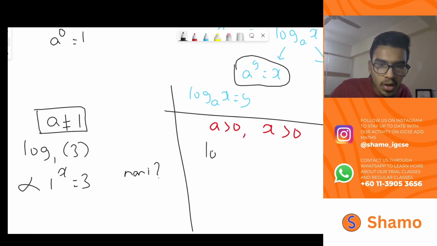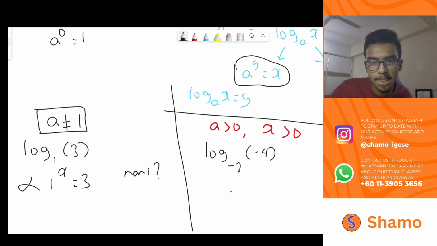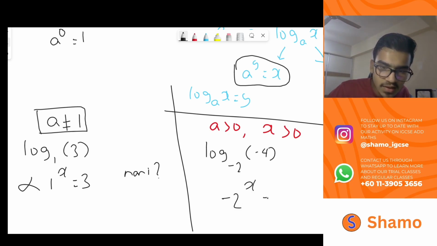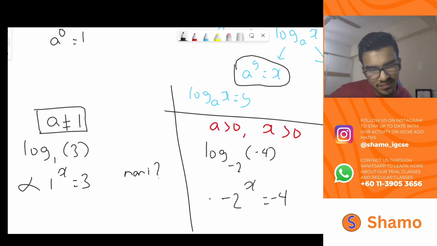Suppose you have log base -2 of -4. Essentially what you're doing is asking, -2 to the power what gives you -4?